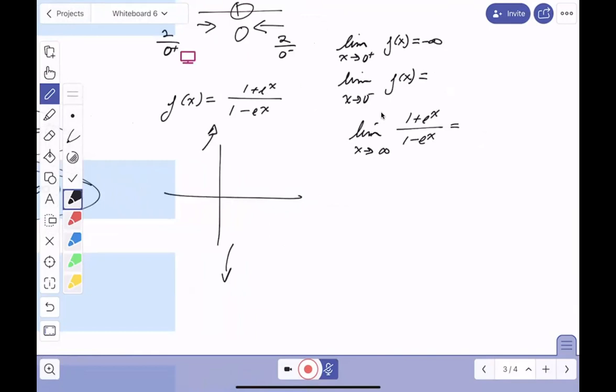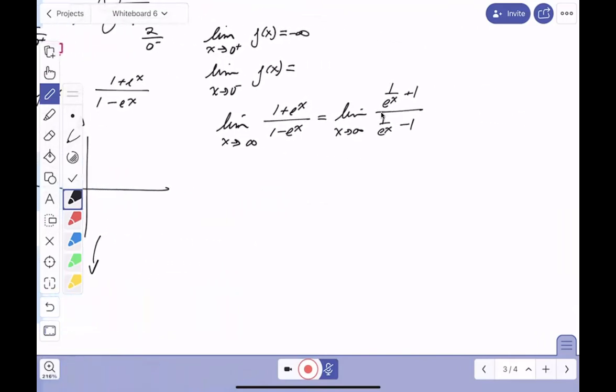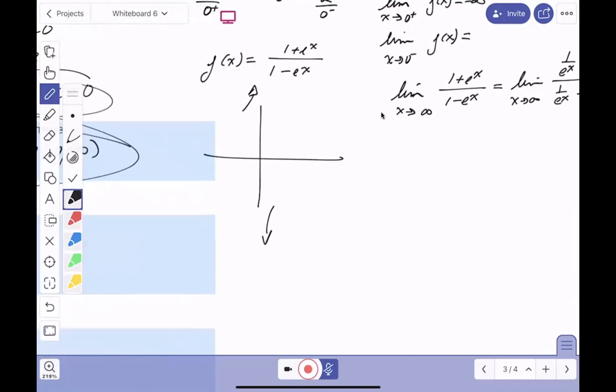If you go towards infinity, I guess I would divide through by e to the x, right? And that would be 1 over e to the x plus 1, 1 over e to the x minus 1. And those terms over there, when we go to infinity, 1 over e to the x goes to 0. So the top would be 1, the bottom would be minus 1. So I'm getting an asymptote at minus 1.